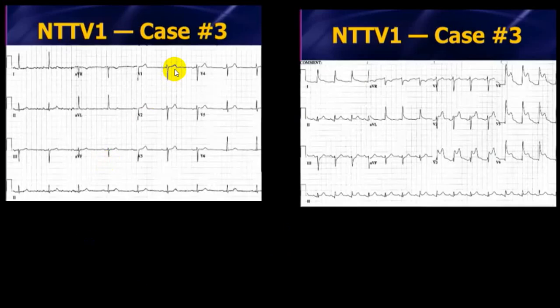Here also you can see that there is an upright T wave in V1 and it is taller than V6, and if you compare with the previous and if it is new, again it is a new upright T wave in favor of ischemic heart disease, particularly LAD, LMCA or triple vessel disease. And the same person after a few hours, you can see here there is a huge ST segment elevation right from V2 onwards up to V6. So the person has developed an acute extensive anterior wall infarct.